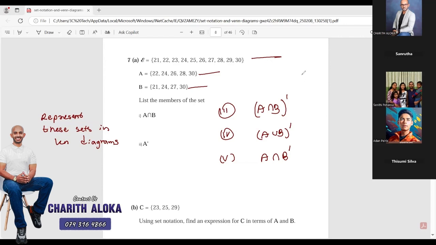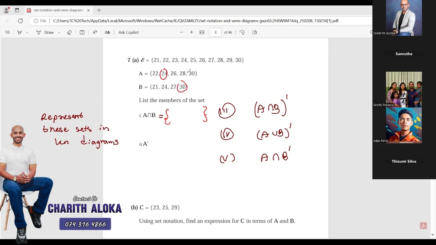Right. Then I am going to do this one for the A intersect B. For the A intersect B, we can get only 24, right?